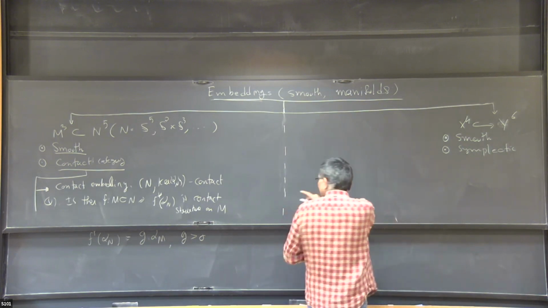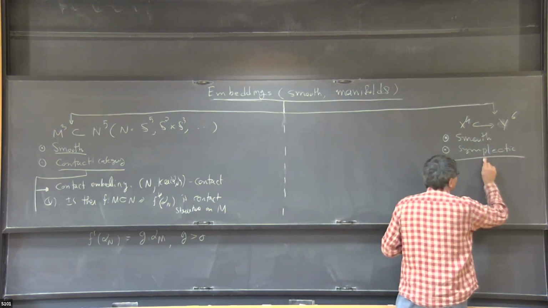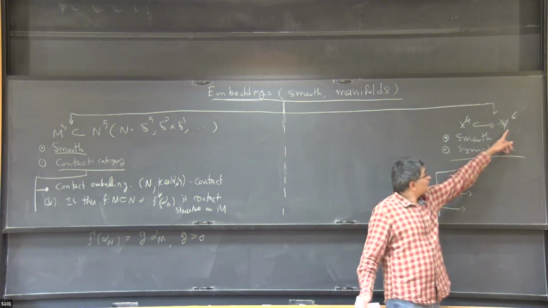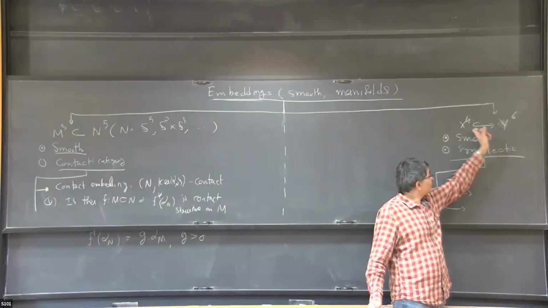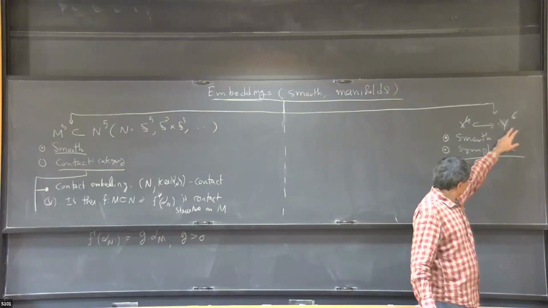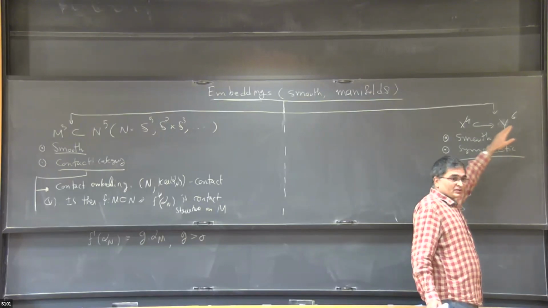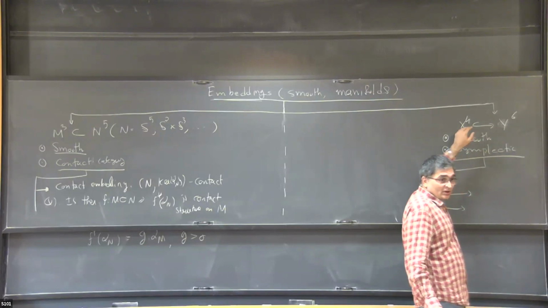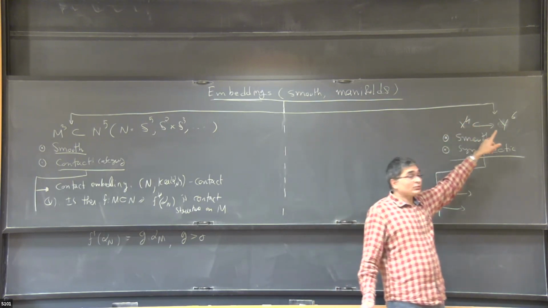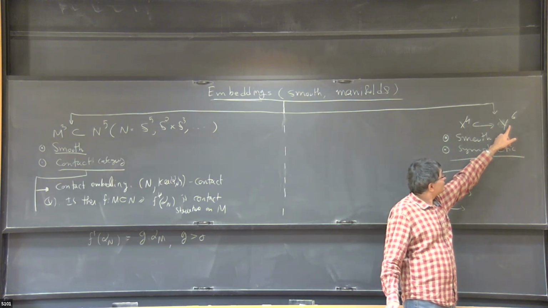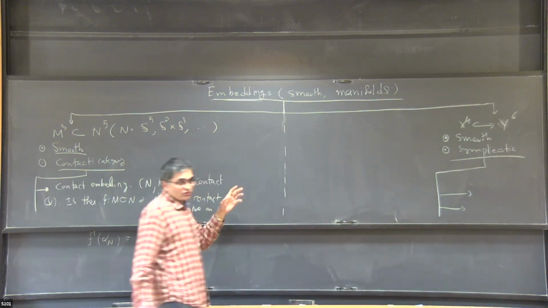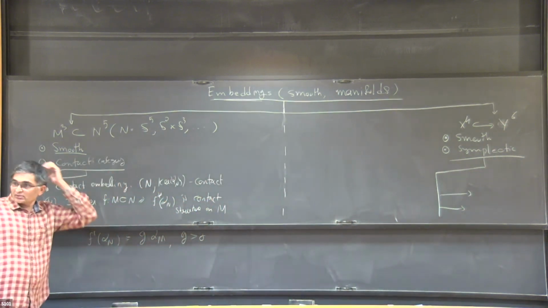And just as in the contact case, you can again ask two questions. If I have a symplectic structure, can I find an embedding such that the embedding is symplectic, meaning the symplectic structure induces a symplectic structure on this? Or if I start with a symplectic manifold, is it possible to embed in such a way that the embedding is not only symplectic, but induces a given symplectic structure? So both questions you can discuss.